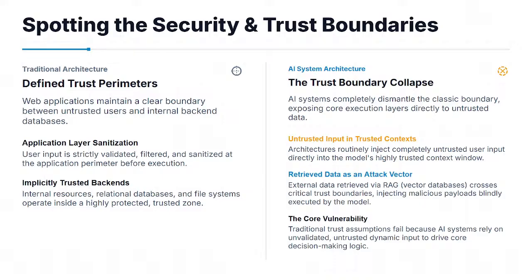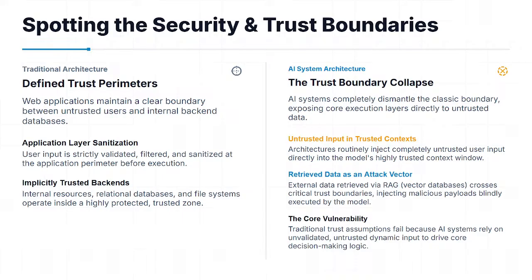But when it comes to AI system architecture, the trust boundary that we've been talking about, at what point do you identify that you've moved from trusted to untrusted, untrusted to trusted? Who is in charge? Autonomous AI systems? Is there still a human in the loop of security decision making or not?